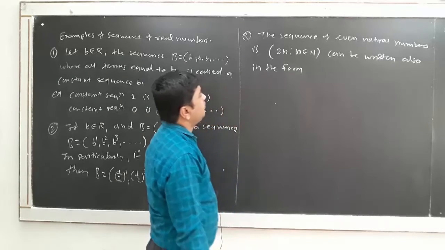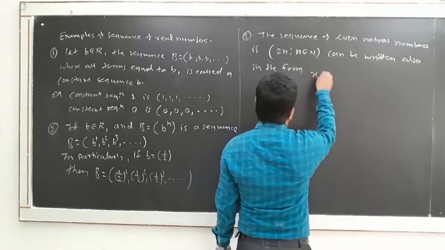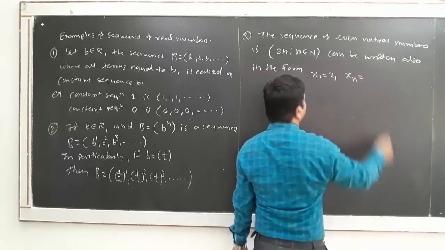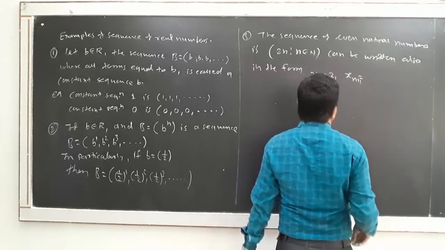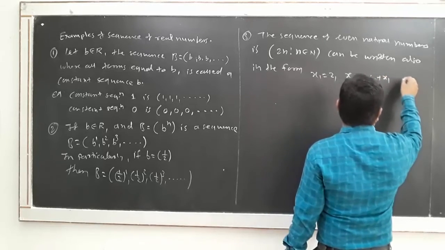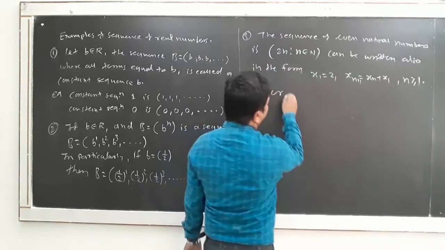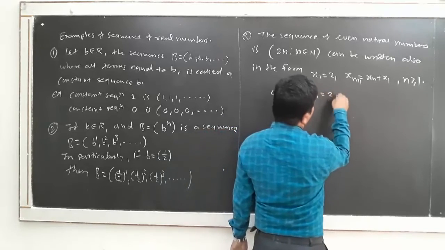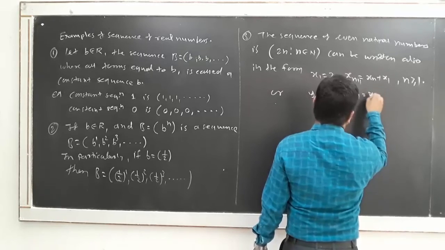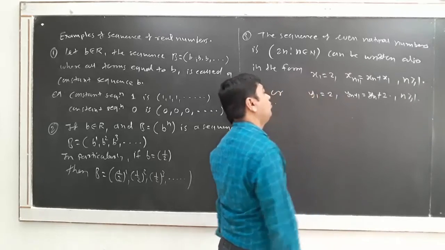This is the sequence of even natural numbers, and we can write it as: suppose x1 is 2, and x(n+1) is equal to xn plus x1 for n greater than or equal to 1. We can write y1 is equal to 2, y(n+1) is equal to yn plus 2. Here also n should be greater than or equal to 1.